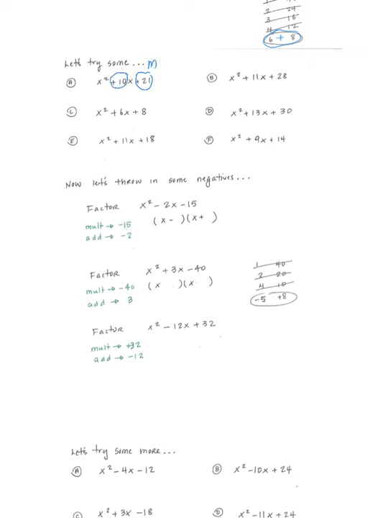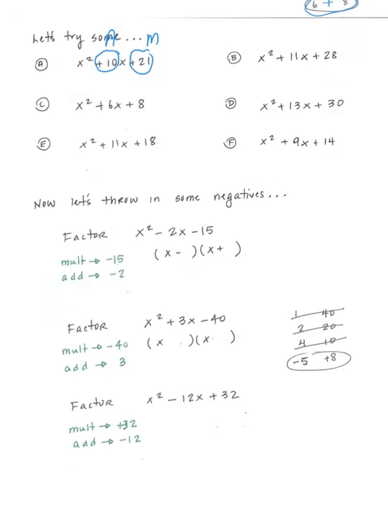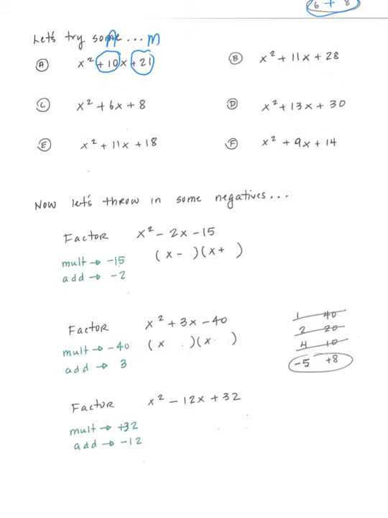It's got to multiply to be 21 and add to be 10. Okay, so we've got to think of numbers that multiply to be 21. Well, there aren't too many, are there? 1 times 21. And what else? Well, 7 times 3. And that's it. Which ones produce a 10?